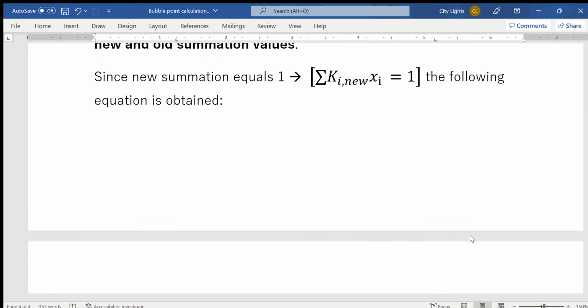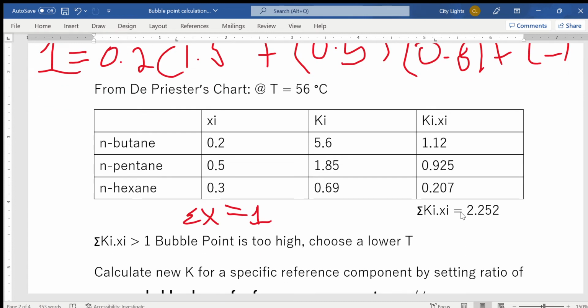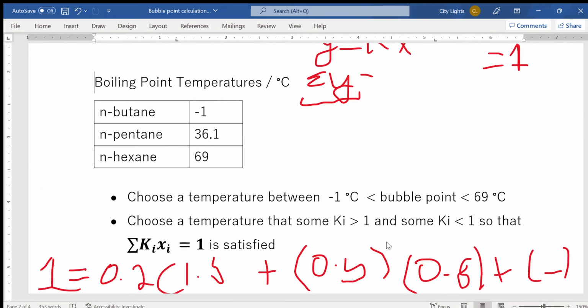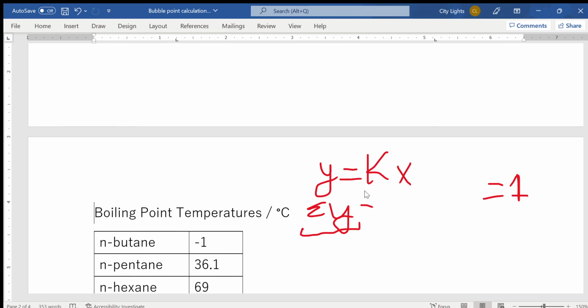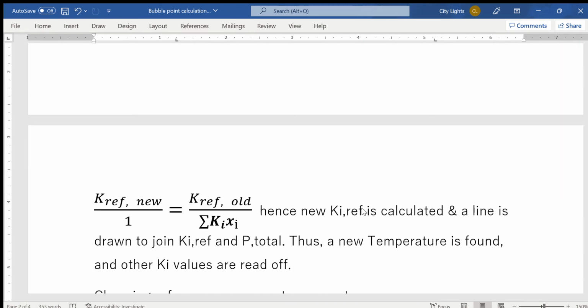Now, when I've gotten my x1 and k1, I'm going to calculate the product and take the sum. This sum came out to be much greater than 1, so I need to choose a lower T. I can do this with the help of an equation, and this equation just comes from the fact that the summation of all components should equal 1, and I'm going to rewrite it and explain it over here.